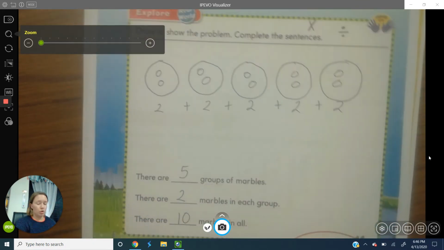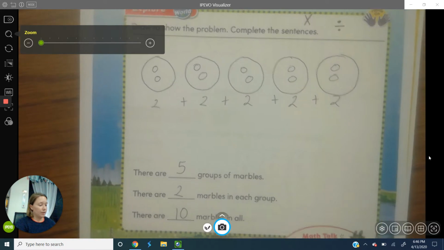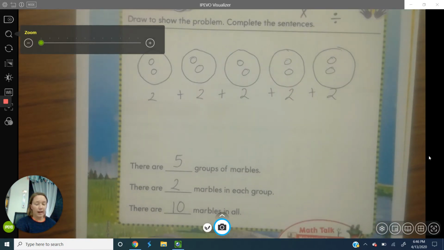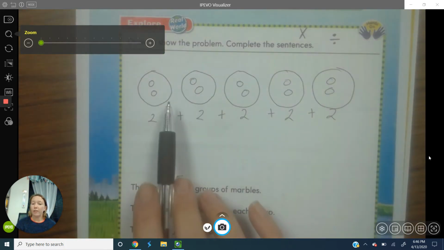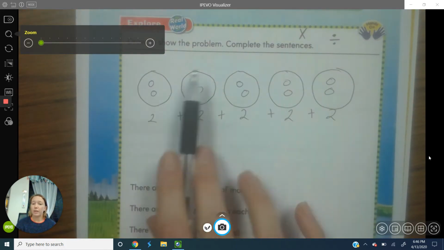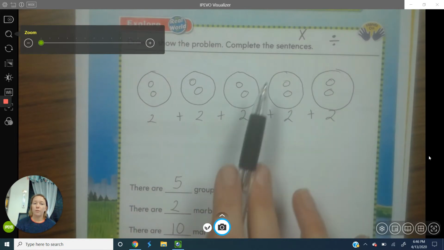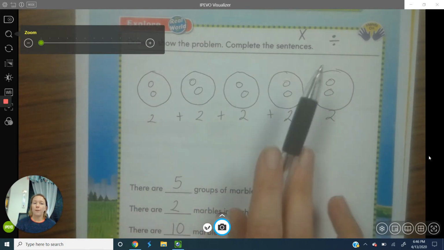This problem says draw to complete the sentences. The problem: Alex has 5 bags. There are some marbles in each bag. How many marbles does he have? So that's pretty straightforward. We're going to circle. So 1, 2, 3, 4, 5.